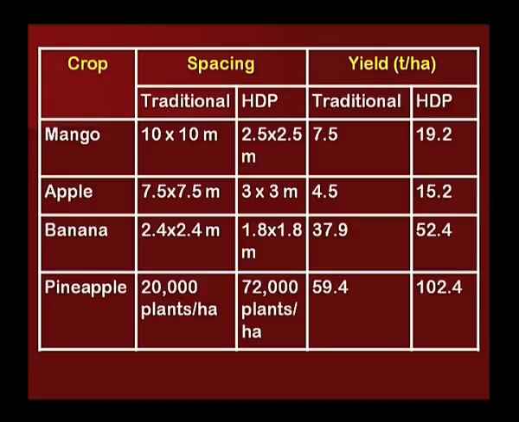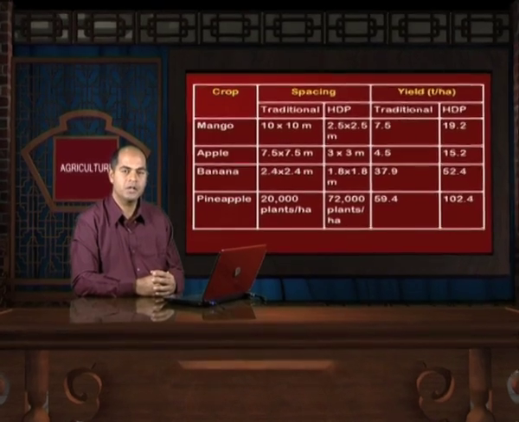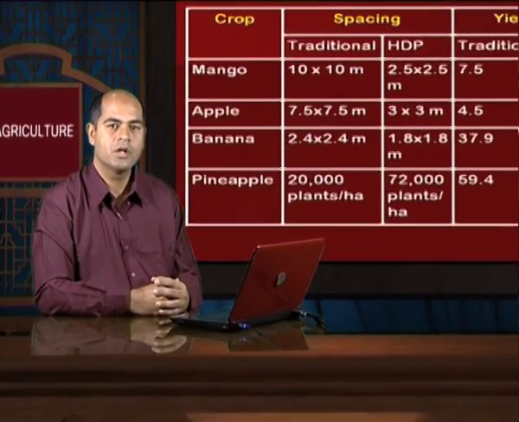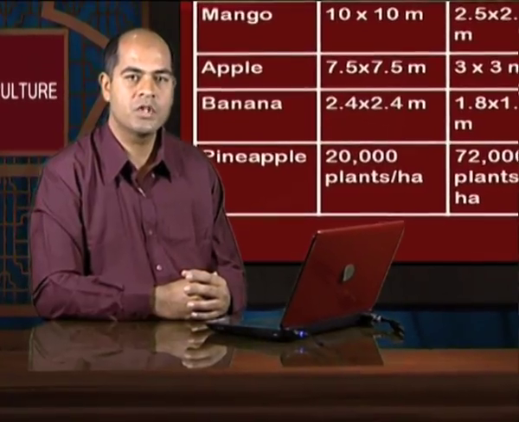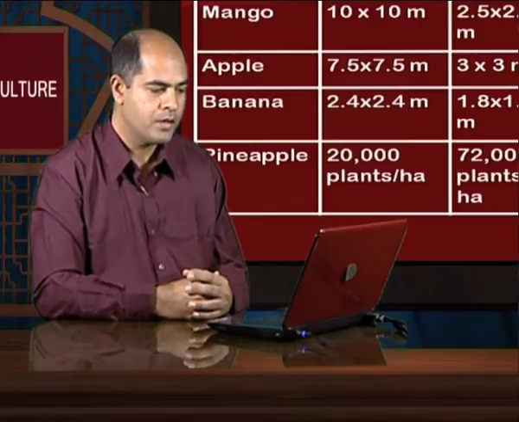Like in the crop mango, traditionally the plants are planted at a spacing of 10 by 10 meters. The spacing always refers first to row to row and second to plant to plant. So, in case of mango, when we say 10 multiplied by 10 meter spacing, it means the spacing between row to row is 10 meters and the spacing between plants within a row is also 10 meters.